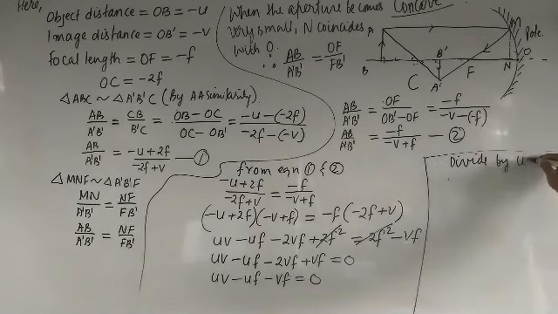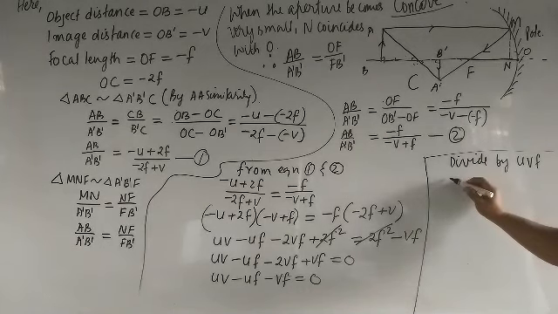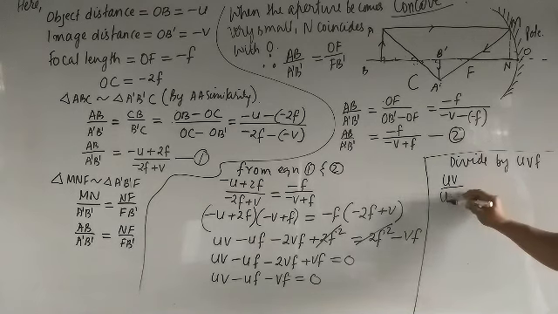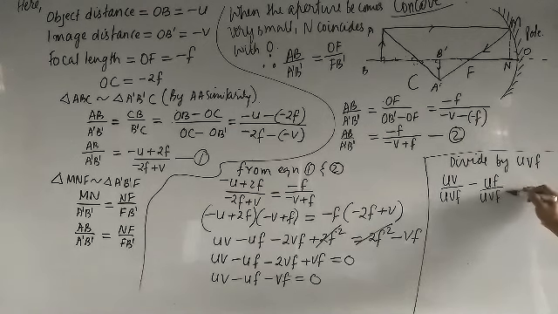So uv by uvf minus uf by uvf minus vf by uvf equal to 0. 0 divided by uvf is 0.